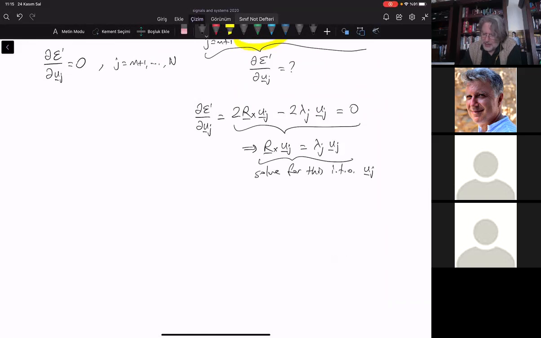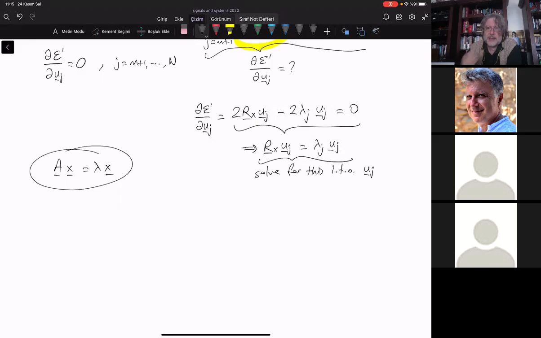But you may remember this. Okay, you don't know what uj is here, but do you remember anything like this? A times x is equal to lambda x. So what is x and what is lambda from here? The right-hand side is the same as this one with different indices, which may be confusing to you.